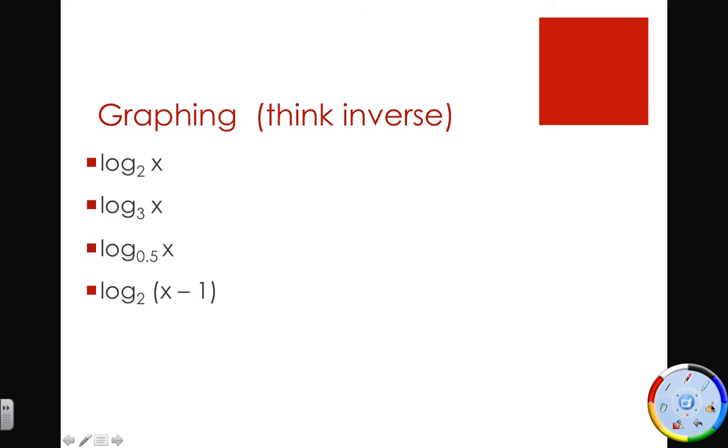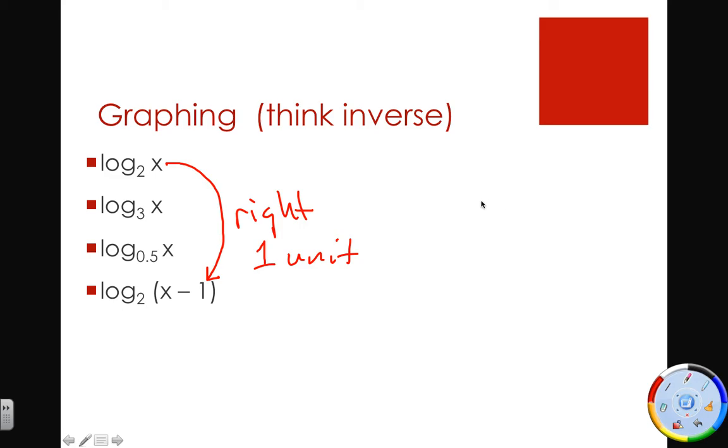What about something like this? This is, well, we've already done this sort of stuff before. This is just taking this function. So notice log base 2 of x, and we got log base 2 of x minus 1. This, the minus 1, just means right 1 unit.